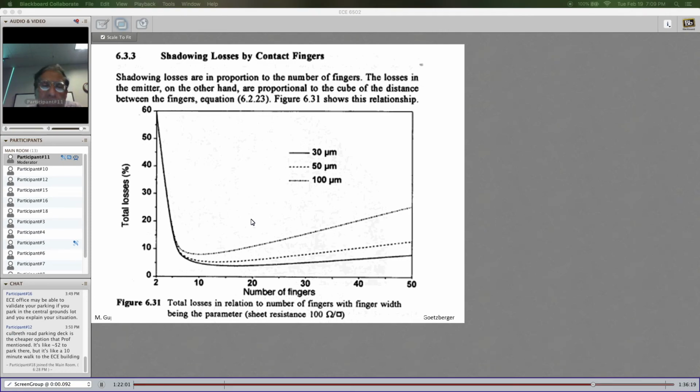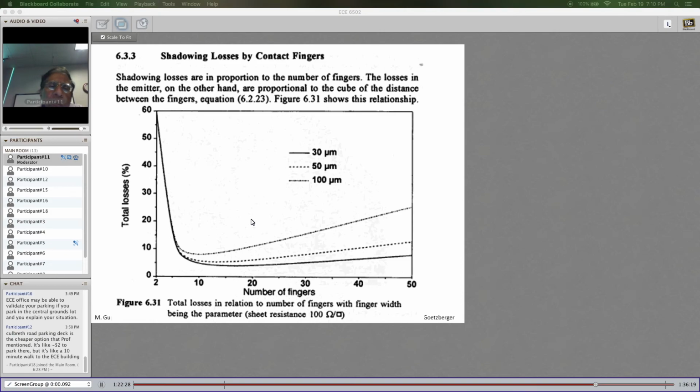The vertical axis is the total loss in percentage as a function of the number of fingers we should use for the top, for different widths of the fingers: 30 micron wide, 50 micron, and 100 micron. It shows you need to put at least about 10 to 20 fingers.